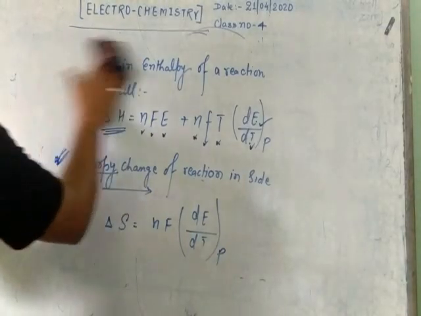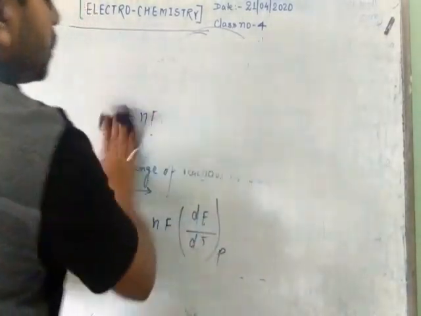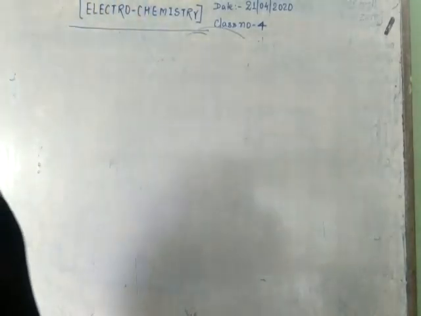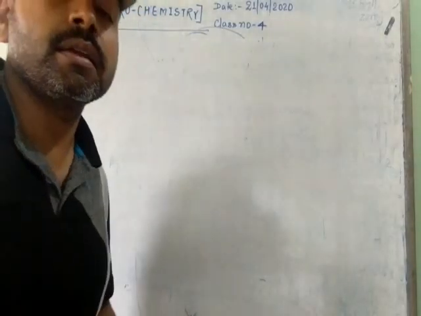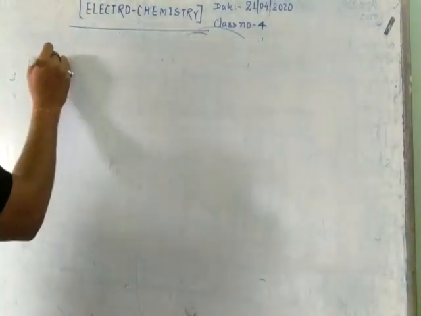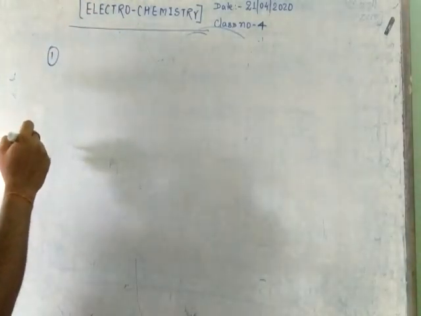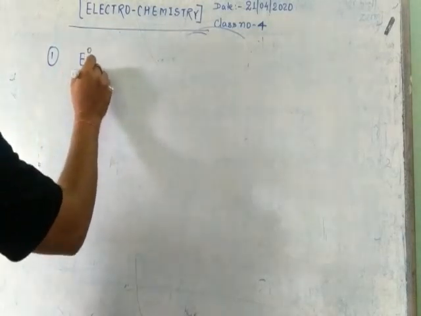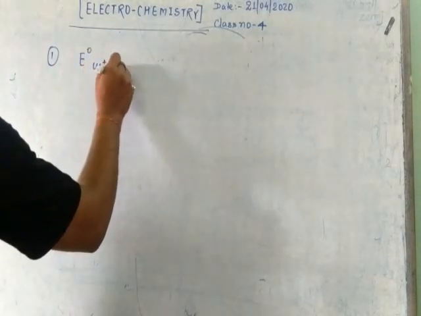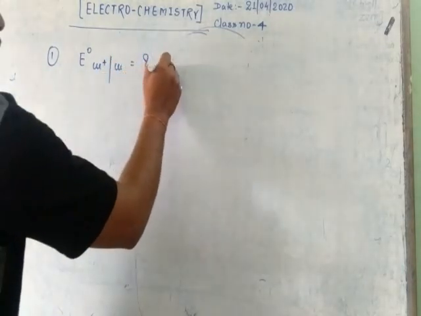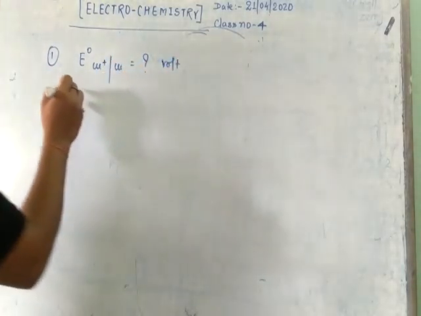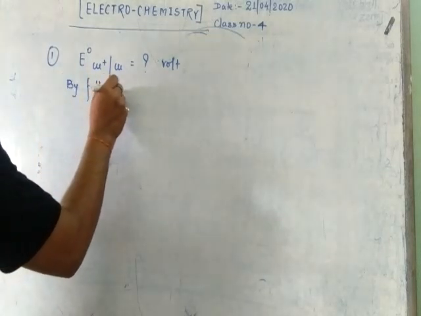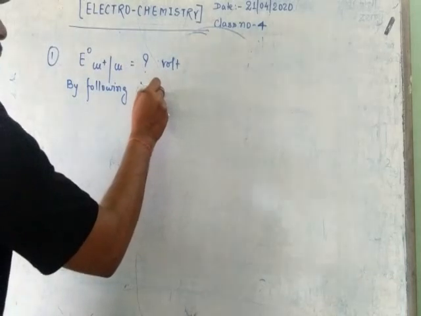Now students, some questions which have been asked at various times in boards as well as NEET and JEE Mains. The first question: calculate E0 for Cu2+ to Cu+ in volts from the following data.